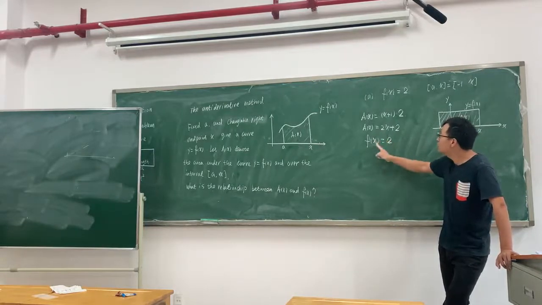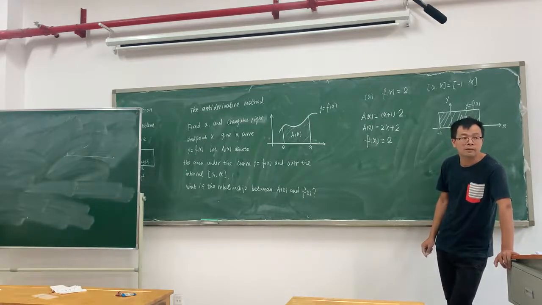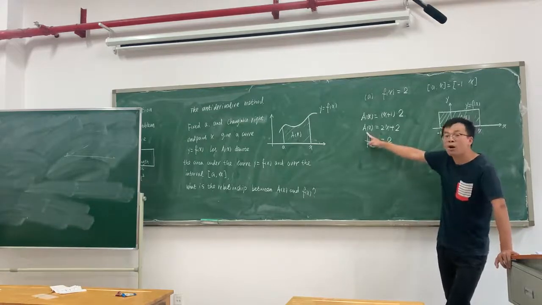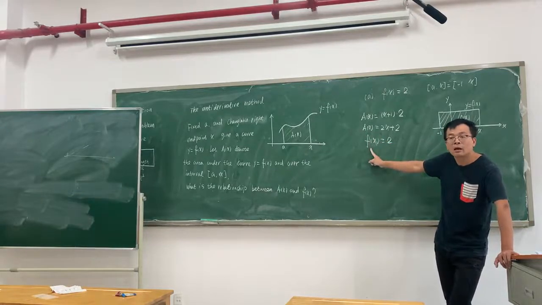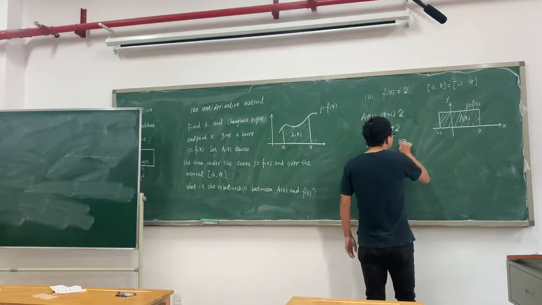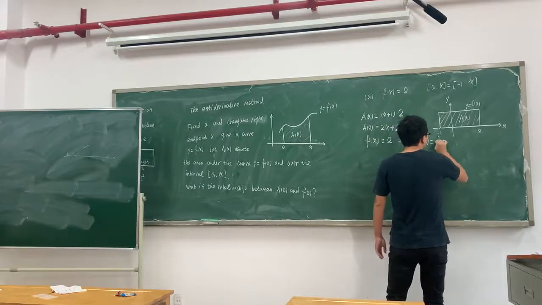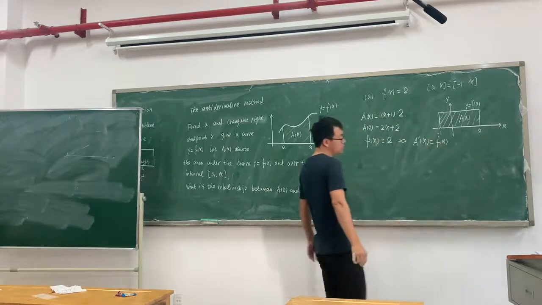What's the relationship between these two functions? f(x) is the derivative of A(x). So from this example, we can see A prime equals f.